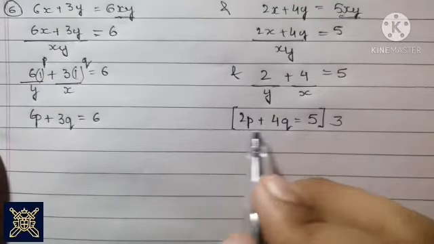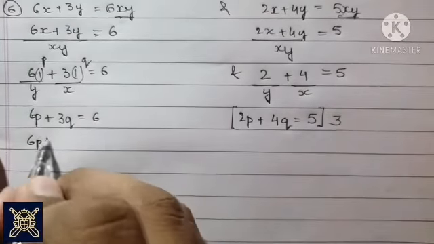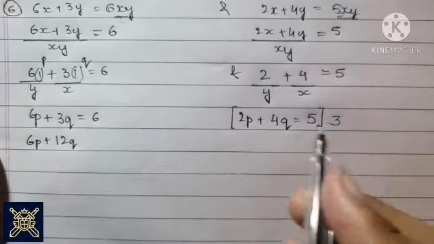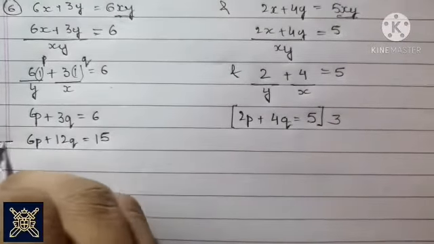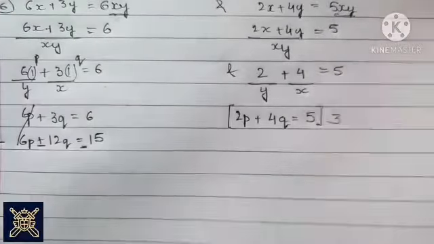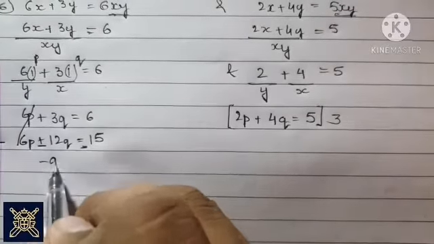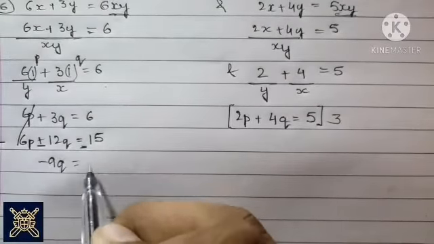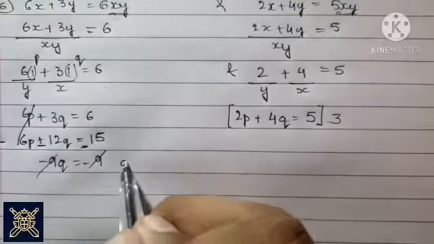So 3 into 2 is 6p plus 3 into 4q, 12q, is equal to 3 into 5, 15. Now we can subtract it. Signs will change, and now 6p and 6p get cancelled. 3q minus 12q is minus 9q, and this is equal to 6 minus 15, that is minus 9. Therefore q is equal to 1.